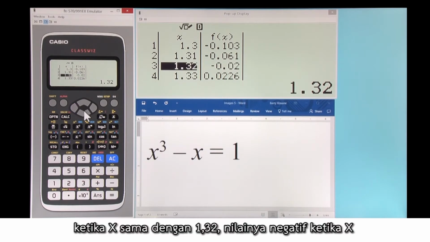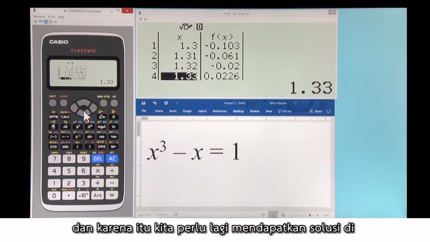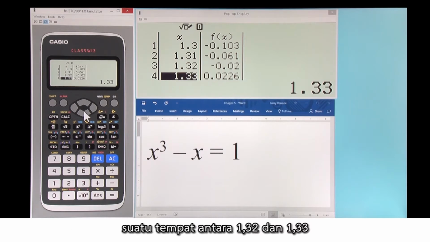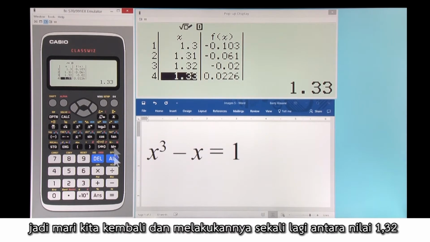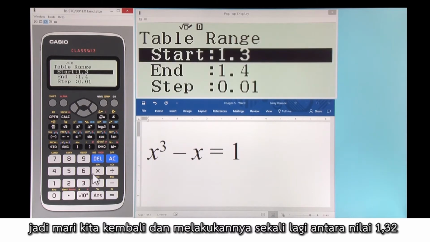When x is 1.32, the value is negative. When x is 1.33, the value is positive. And so we need to, again, get another solution somewhere between 1.32 and 1.33.